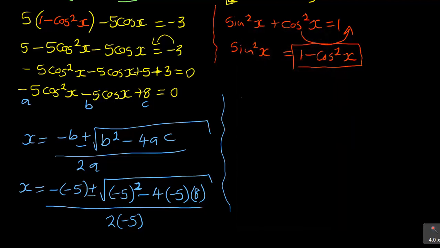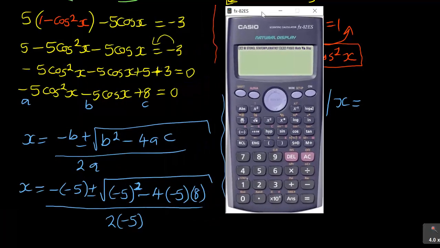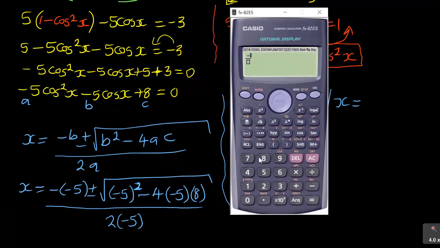See that one? X is equal to minus 1,860, or x is equal to, just that I have already removed my working, so I must start this afresh. I should have used playback there.